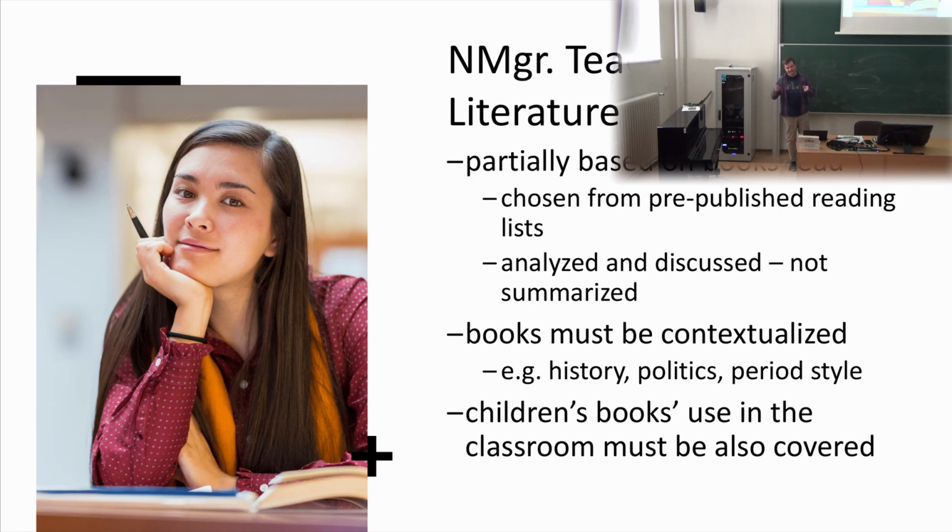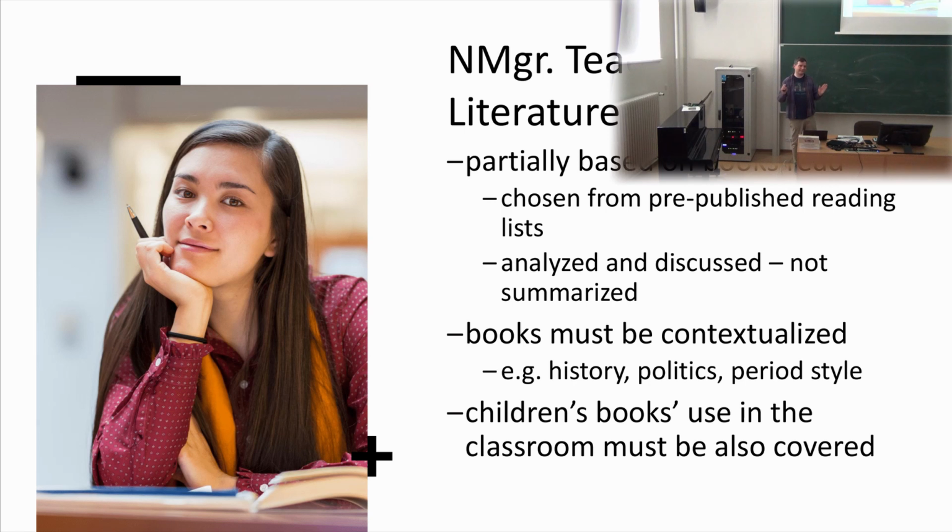You are supposed to read books. And not just any books, but books that we want you to read. So you actually can find the lists in the document on the faculty website, which describes the state exams. At the end of the document, you will find the list, and from this you have to choose a certain amount of books from a certain amount of different lists.